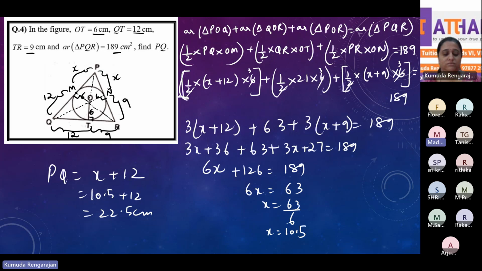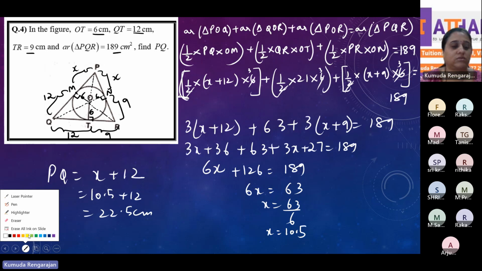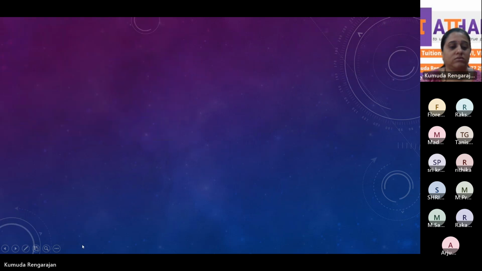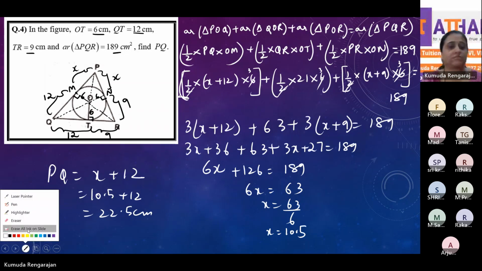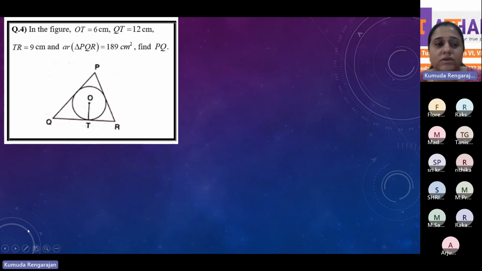Take a picture. Now I'll just clear the slide. You can take the picture of the question alone. This is how the question will be, the figure before the construction we do.